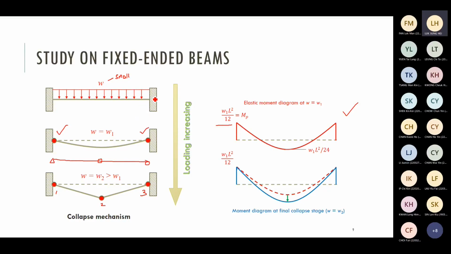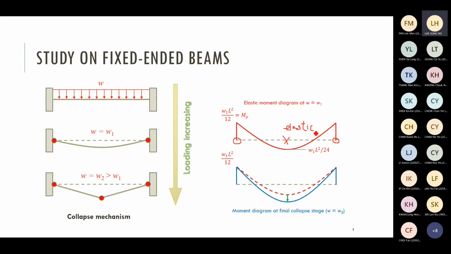In terms of the moment diagram, you can take a look on the right-hand side. After formation of the two plastic hinges at the two ends of the beam, you can see that the two ends have yielded fully plastic, but the middle remains elastic. The moment at the middle is still smaller than the plastic moment.